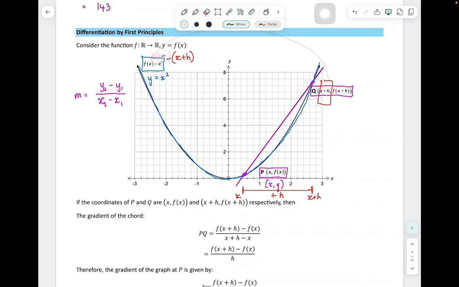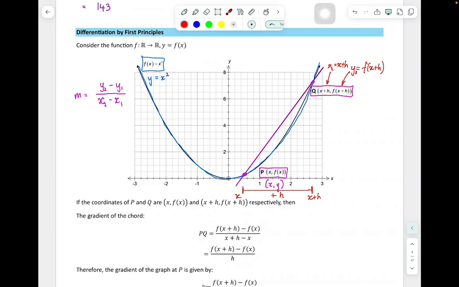So the way that we write our coordinate: the x value of our second coordinate Q is x plus h, and the y value is f of x plus h.